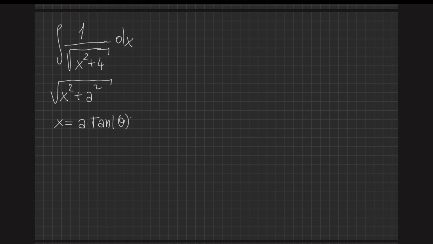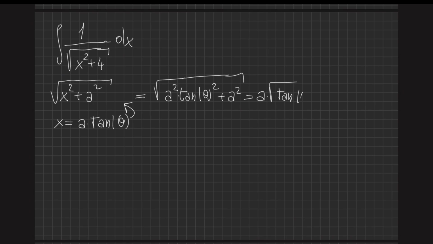Well, we can again go back to the square root. This is going to be equal to the square root of a squared times the tangent of theta squared plus a squared. I can factor out an a squared, and taking the square root, this is just a times the square root of the tangent of theta squared plus 1.